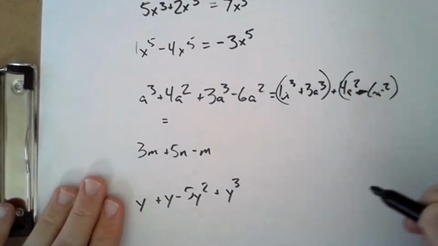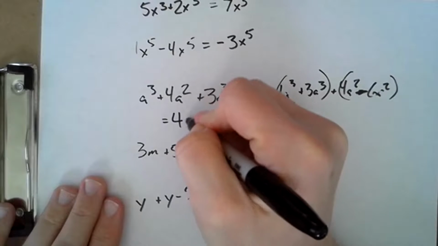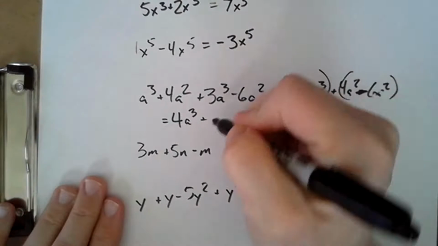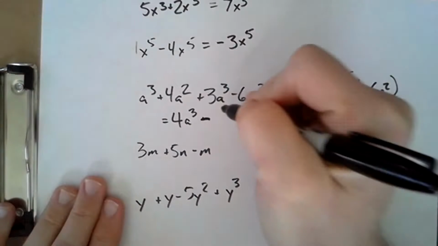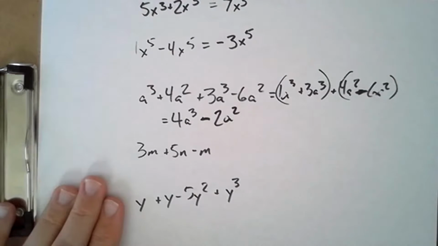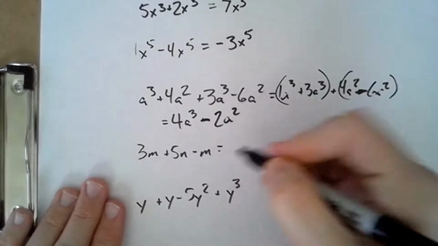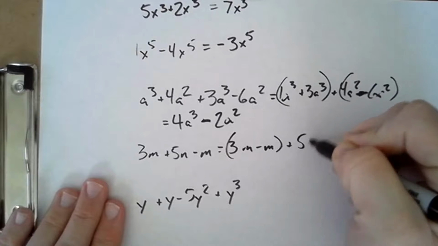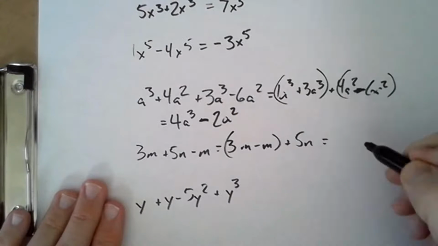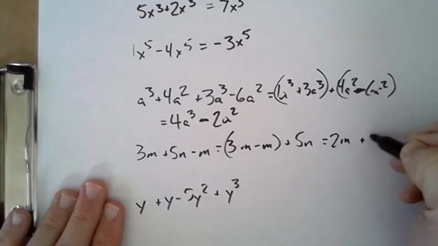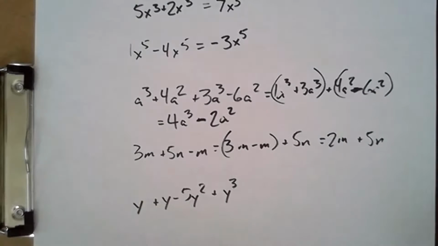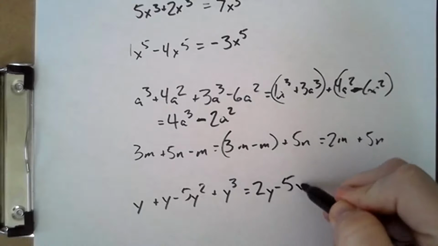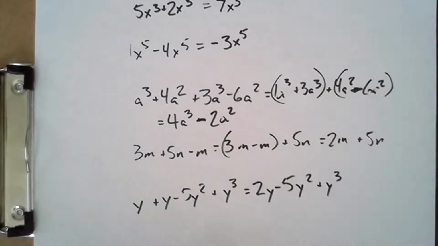So that's 1a cubed plus 3a cubed is 4a cubed plus 4a squared minus 6a squared is negative 2a squared. In this next one, we have 3m minus m plus 5n, which will give us 2m plus 5n. And finally, we've got y plus y is just 2y minus 5y squared plus y cubed.